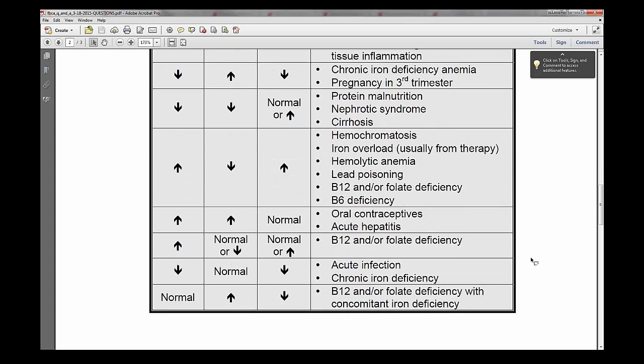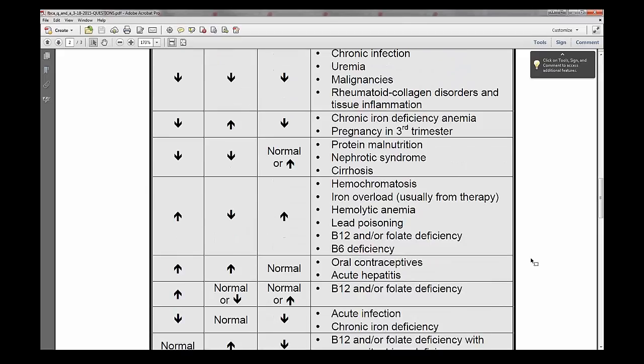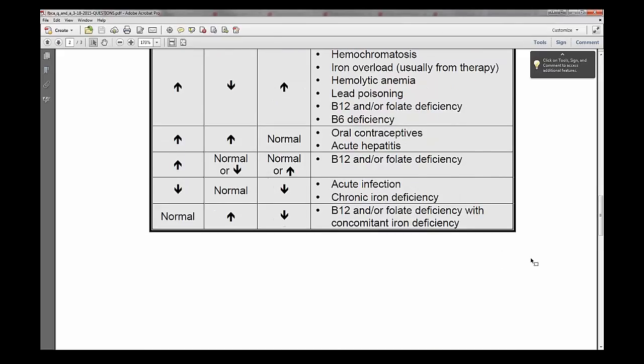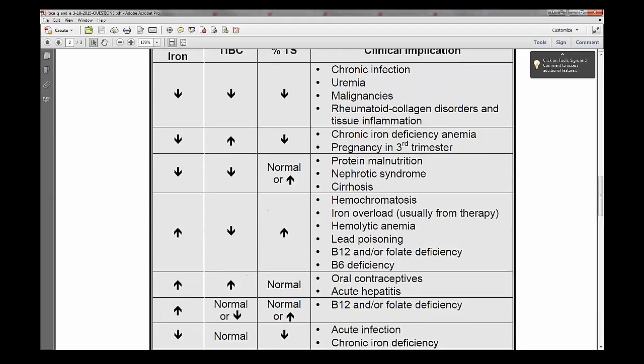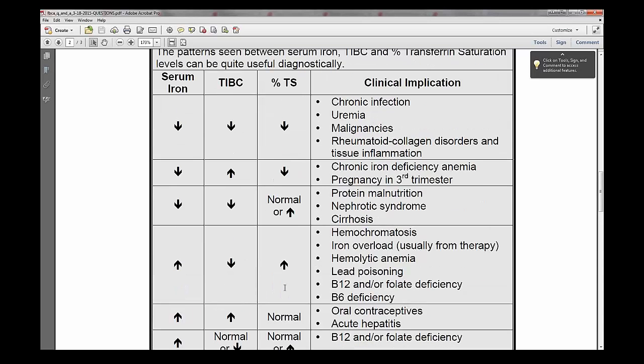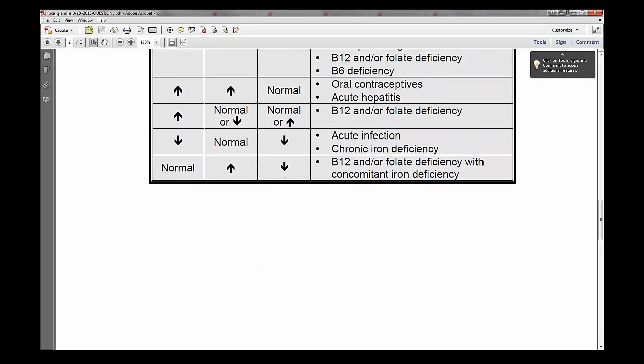When I said iron deficiency anemia, where is that? Chronic iron deficiency anemia, yep, your serum iron is going to be low, TIBC will be normal, and your percent transferrin saturation will be decreased. So this is a nice little chart to have around.